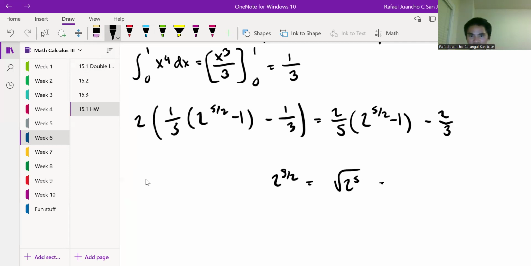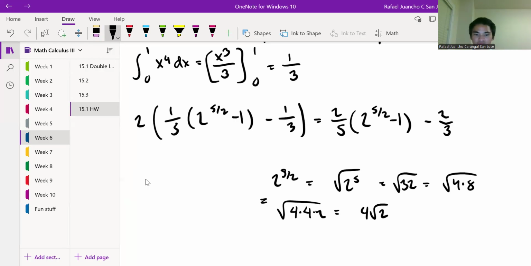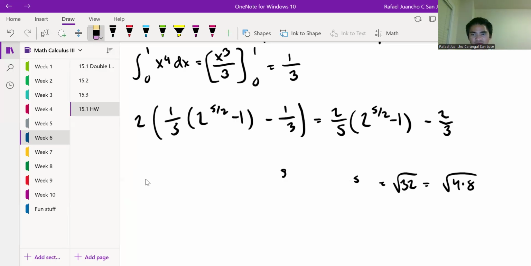Is 32. 4 and 8. So this is what? 4 and 2. 2 times 2, that's 4 square root 2. Oh, look at that. Well, simplification. And so here, I actually got some nice things here.